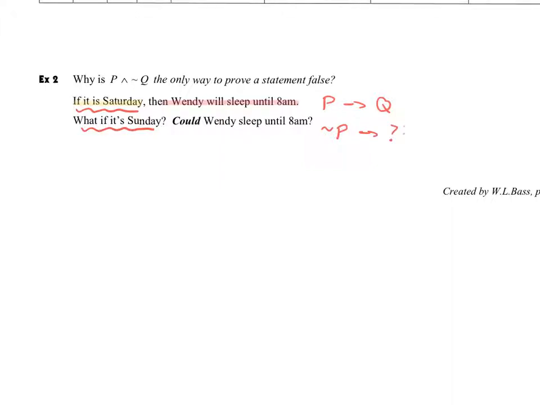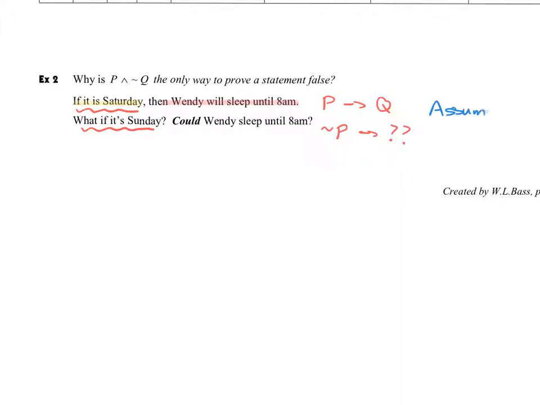then I don't know what's going to happen here. So that would make sense here. If it's not Saturday, meaning if it's Sunday, could Wendy sleep until 8 a.m.? Well, sure, Wendy could. She might not, but she could. And that question right there is what makes this a question, which is why we just assume.